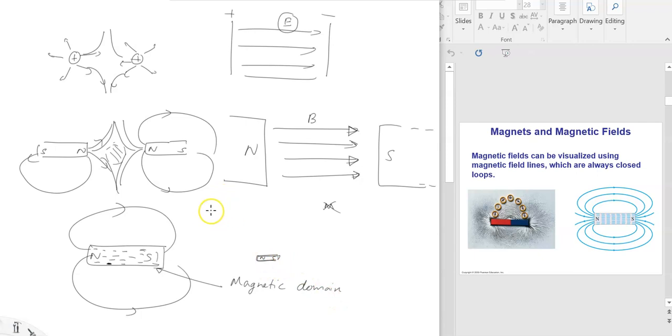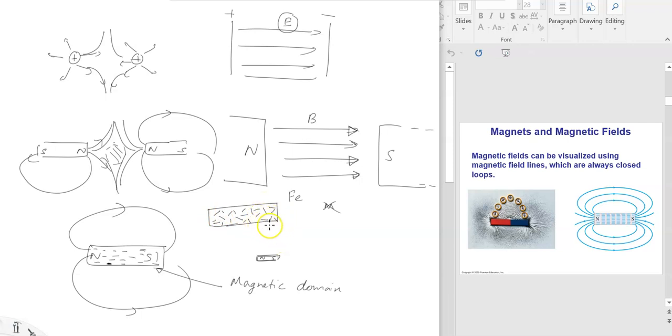Now, let's say you have a piece of iron that is not a magnet, just a piece of iron. It's not magnetized. Now, if we examine this microscopically, we see these tiny little domains aligned in random directions. Because of this randomness, that's how nature is, the alignments are usually random.